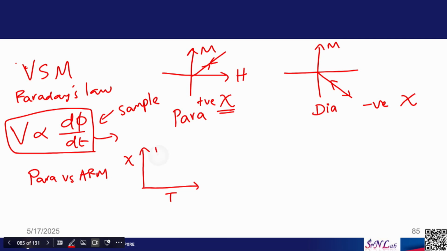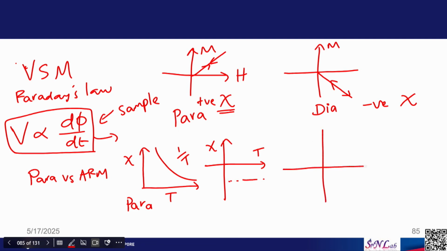If your chi is going like this, exhibiting 1 over T behavior, this is an indication of paramagnetism. And for diamagnetism, the susceptibility is independent of temperature, negative.